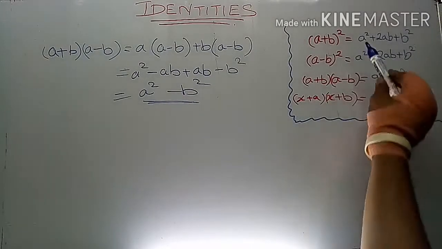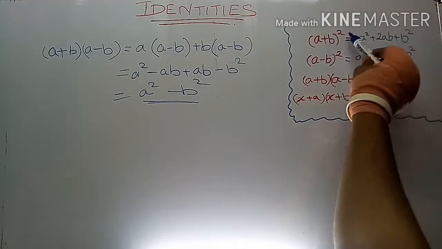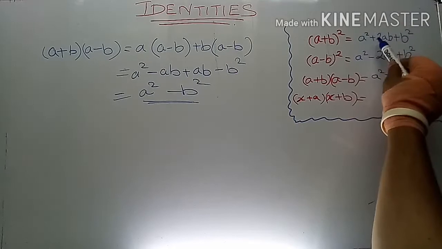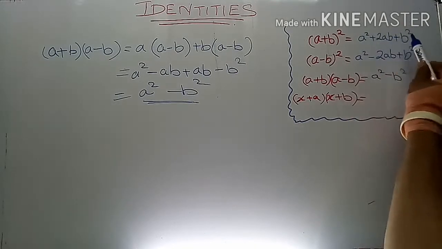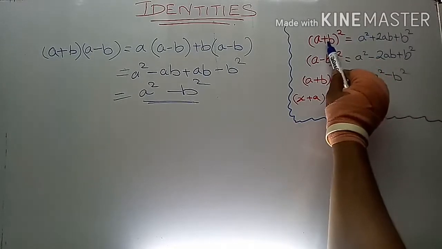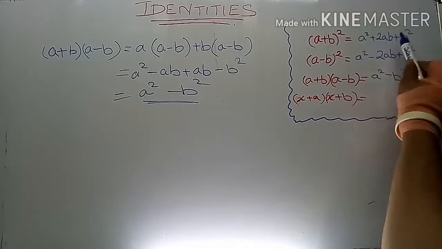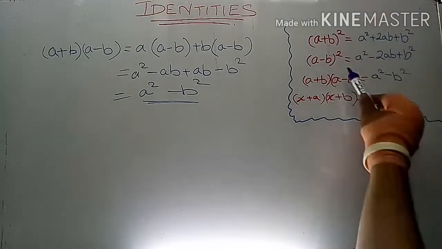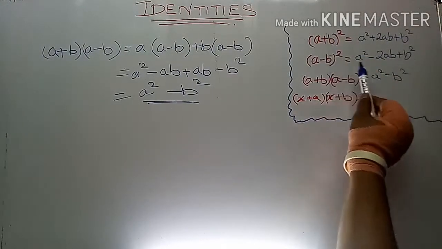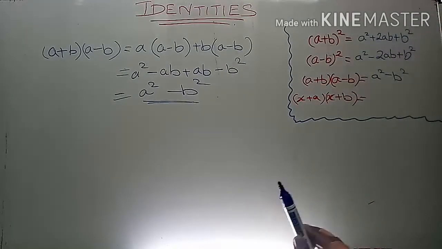How to relate these formulas or how to memorize them? A plus b the whole square is equal to a square plus 2ab plus b square, or you may also say first term square plus second term square plus 2 into first term into second term. Now in the second one, a minus b the whole square, the only thing is the middle term's sign changes to negative.